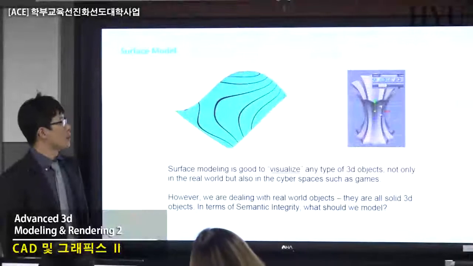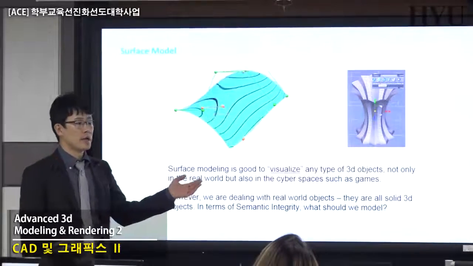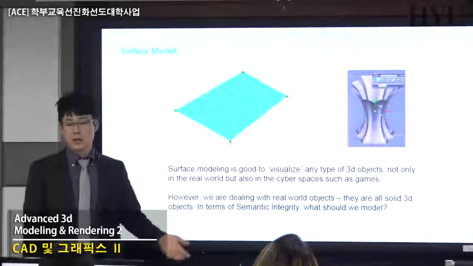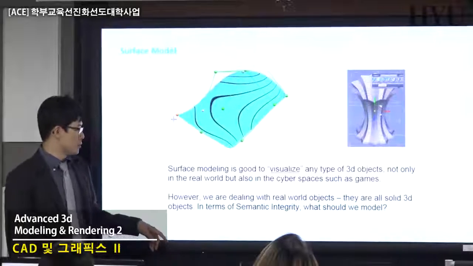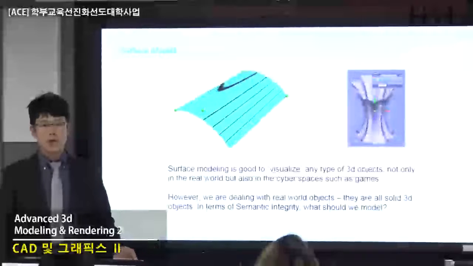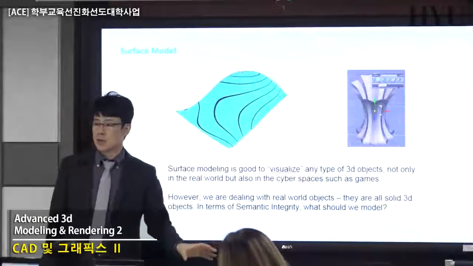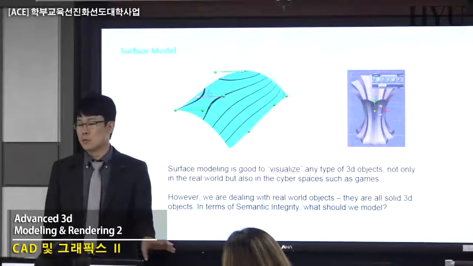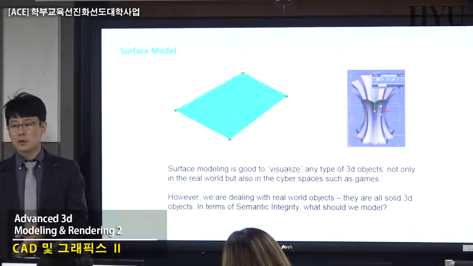So the surface-based model is broadly used in the actual industry, especially game design, character design, product design, and so on. But the problem is we are dealing with real objects in the real world. You are ultimately designing chairs, desks, furniture, walls, interior finishes, building mass, window systems, doors, and so on.